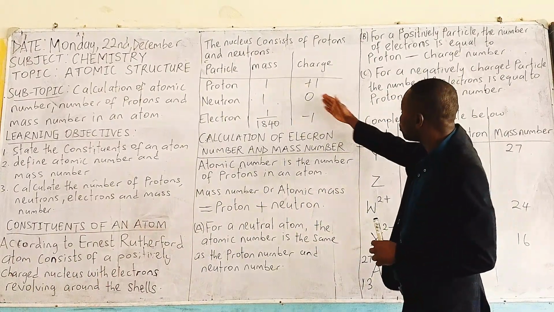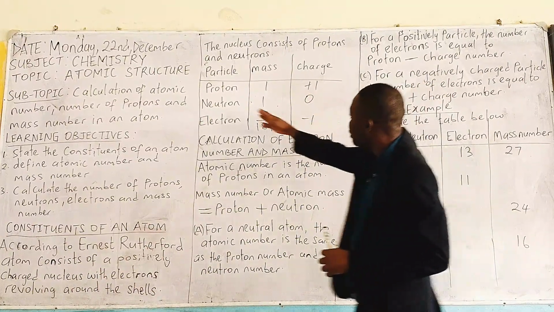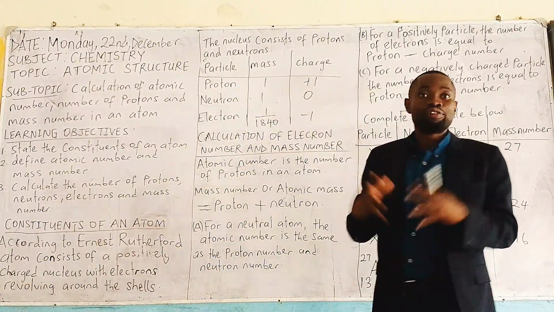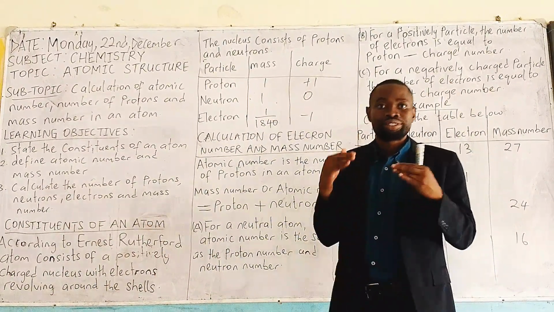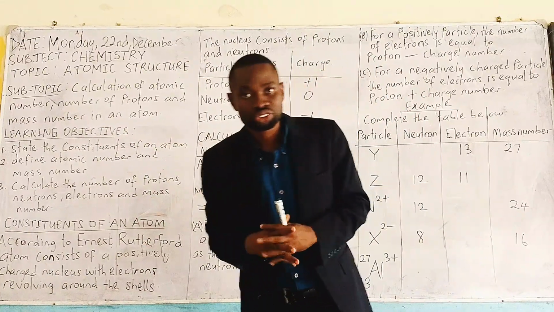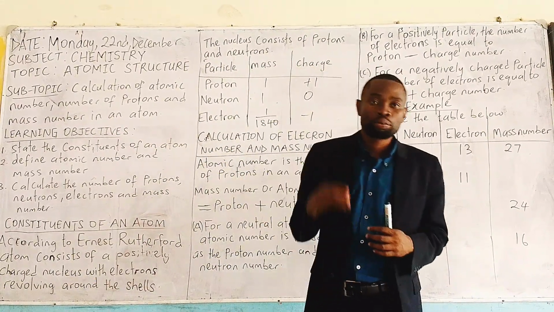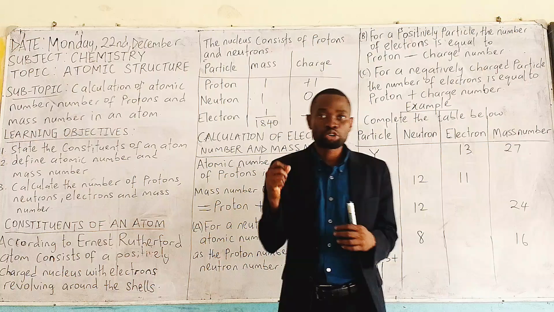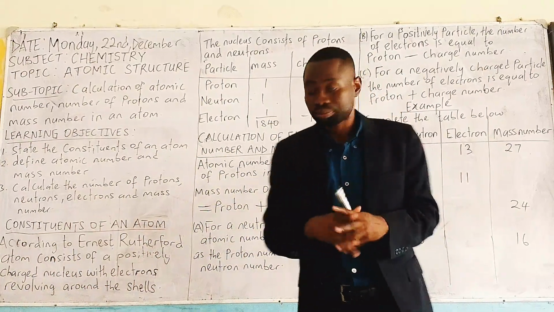And from this table, you can see that every atom has three subparticles, which are protons, neutrons, and electrons.